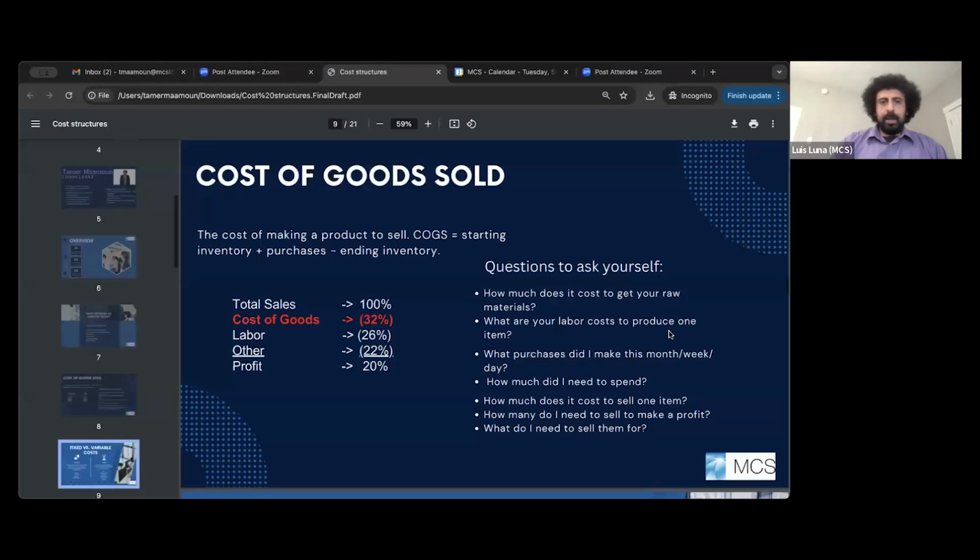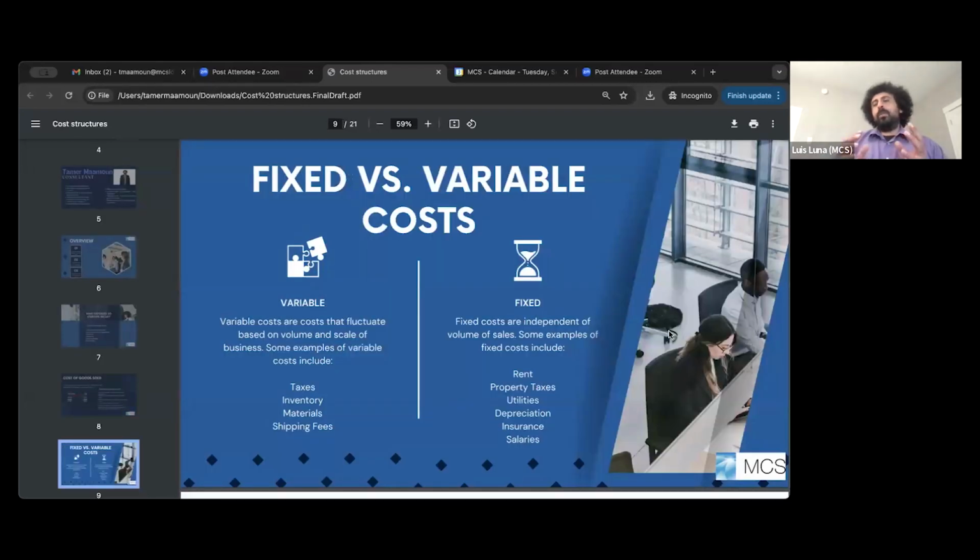So let's get a little more into some of the types of costs that you run into after your startup costs, your ongoing costs. Your fixed costs are things that are independent of your sales volume. No matter how much you sell, you're going to be paying these out. So rent, property taxes, depreciation, insurance, salaries, things like that.